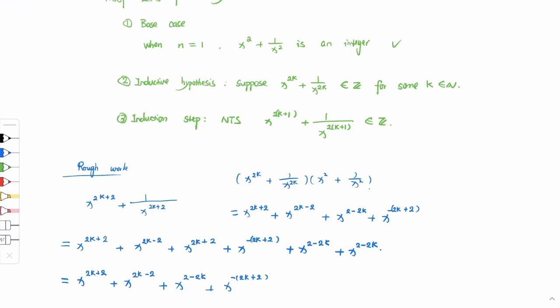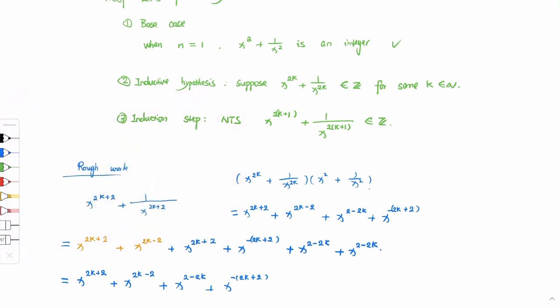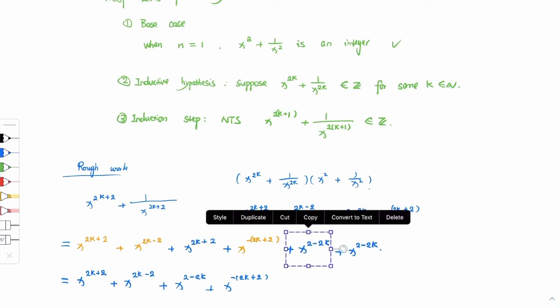So we have this, this, this, and this: 2k plus 2, 2k minus 2, minus 2k plus 2, and 2 minus 2k.